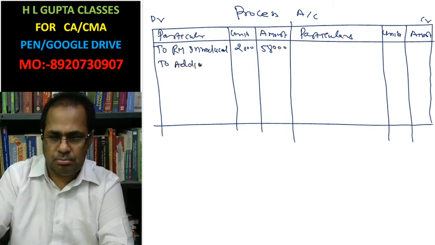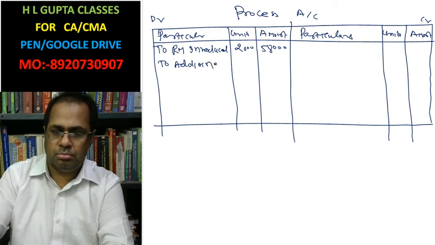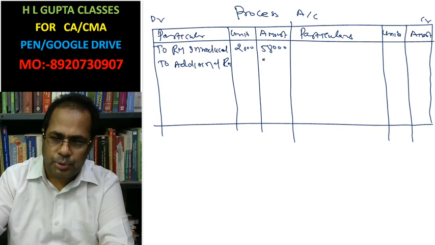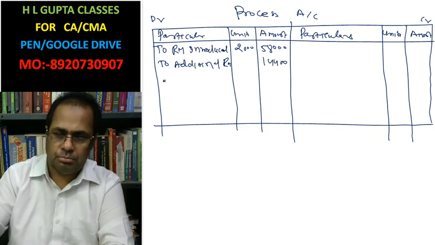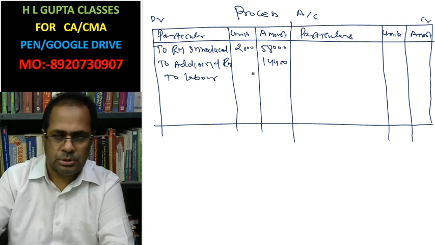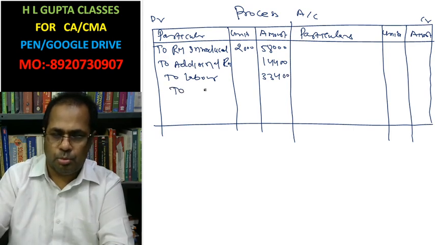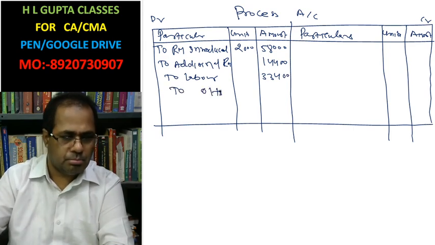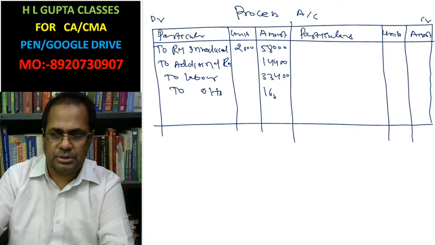Additional raw material 14,400. To labor 33,400. To overheads 16,700.